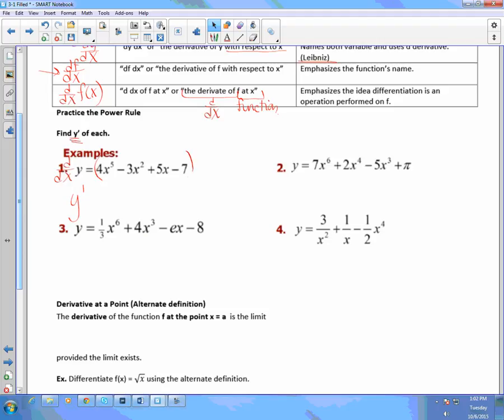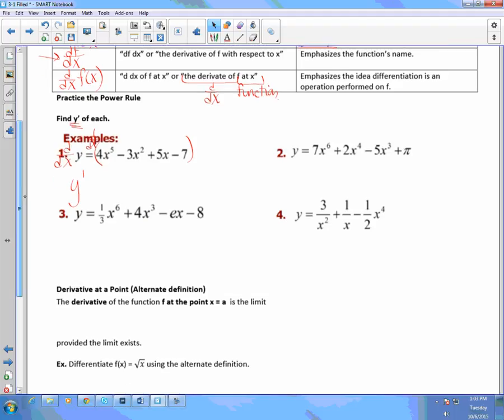But if you take the derivative on one side, you do the other side too, just normal equation work. So we have d/dx of the right-hand side. This 5 multiplies in front. So I have 5 times 4x.